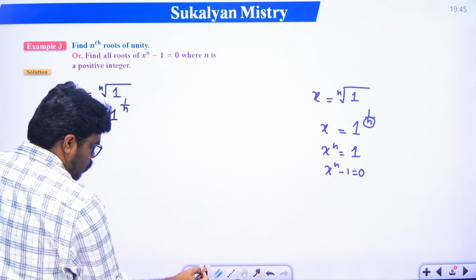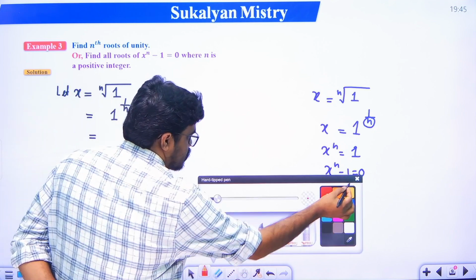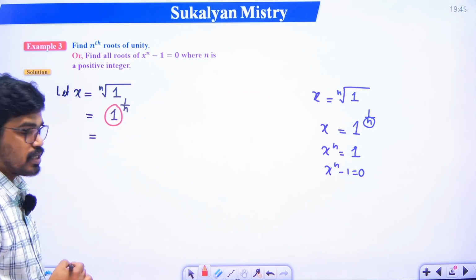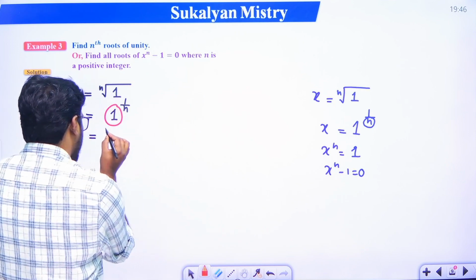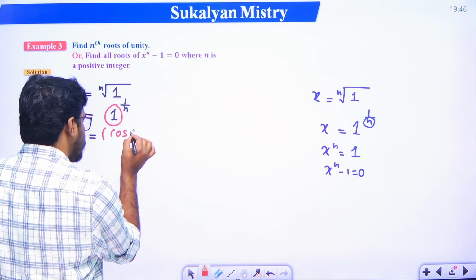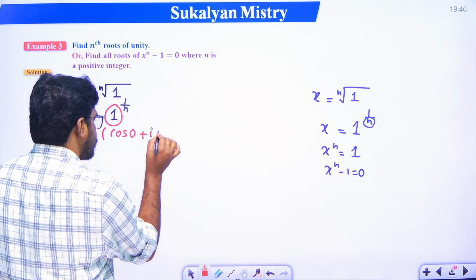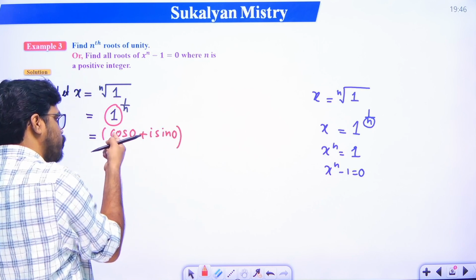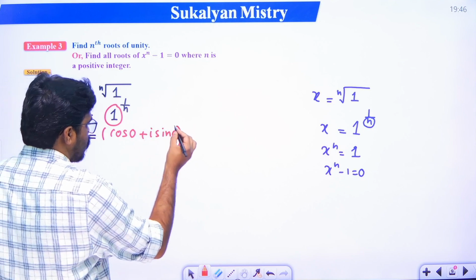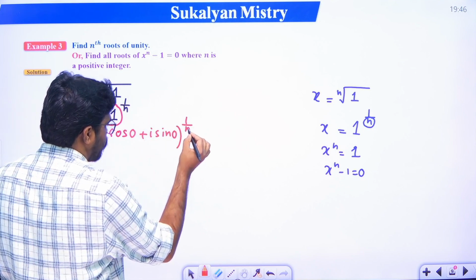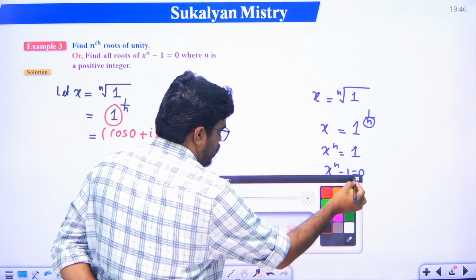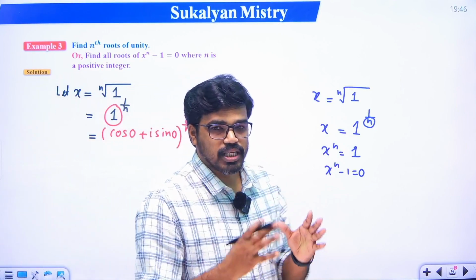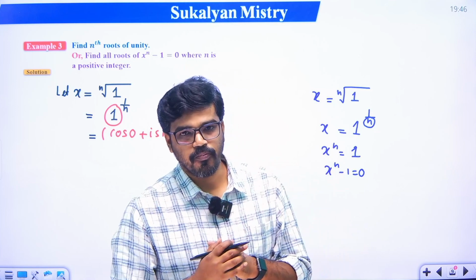First, we have to convert this number into polar form, right? So 1 can be expressed as cos 0, that is 1, plus i sin 0, that is 0, all to the power 1 by n. So the first step is that we convert the complex number into polar form.